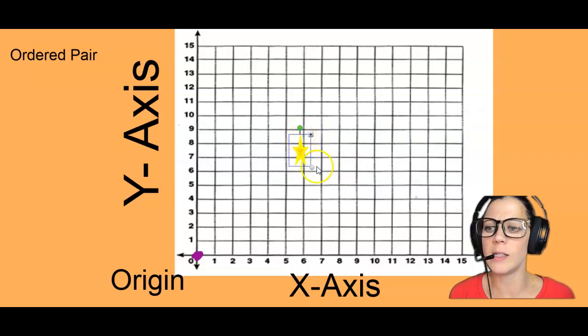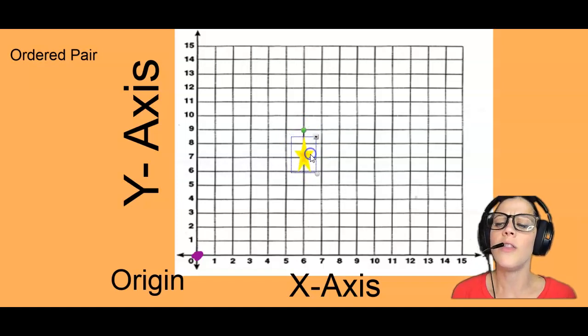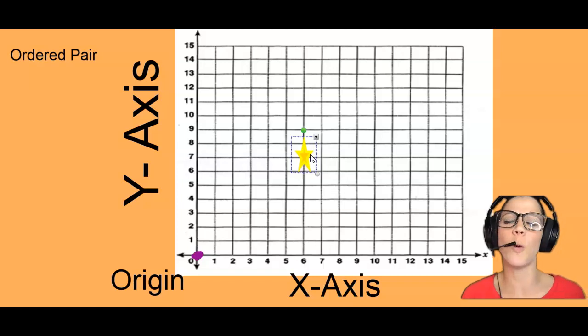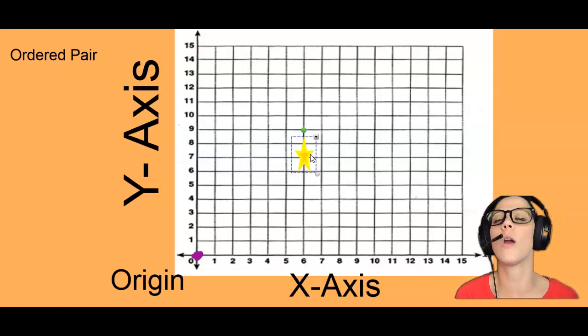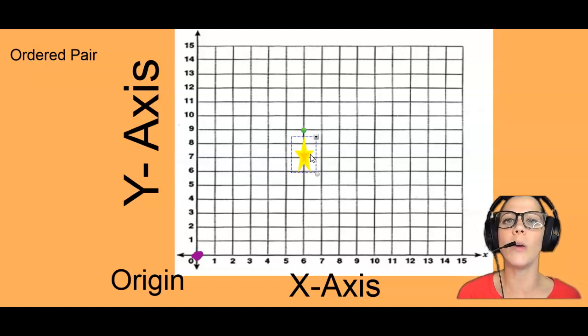Now, one thing that kids seem to get confused on when it comes to coordinate grids is they sometimes don't understand if we're graphing the space or that square or if we're graphing where the points are. So we are always graphing where the lines intersect.